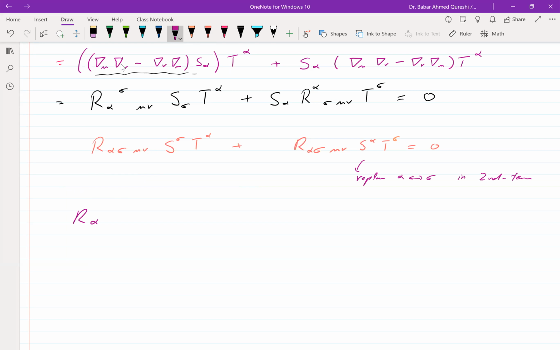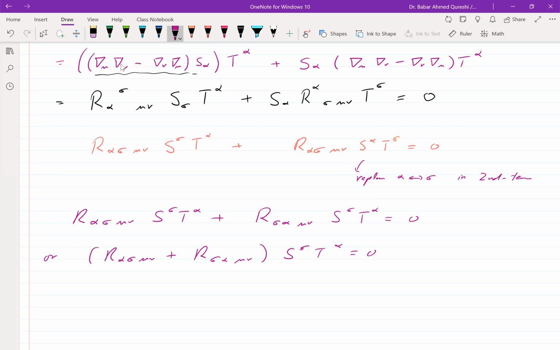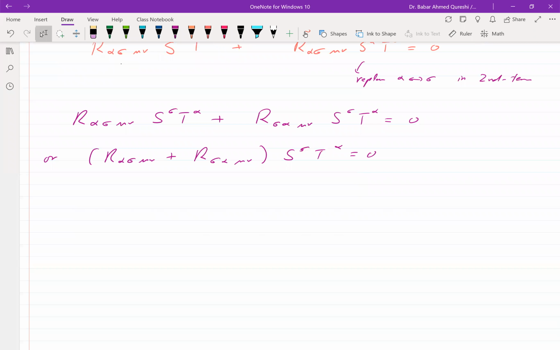Then I will get R alpha sigma mu nu S sigma T alpha plus R sigma alpha mu nu S sigma T alpha is 0, or this contraction is 0.